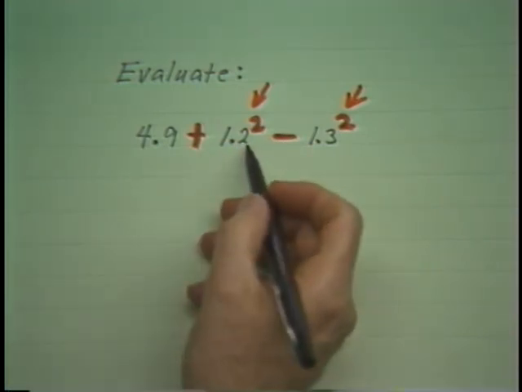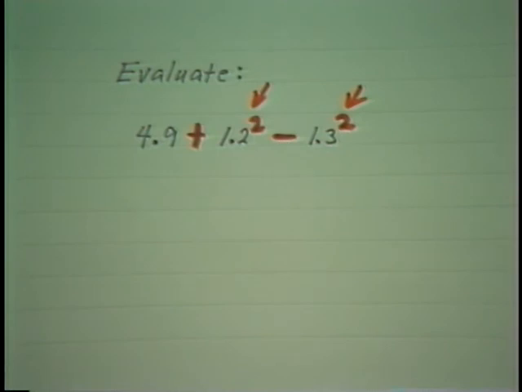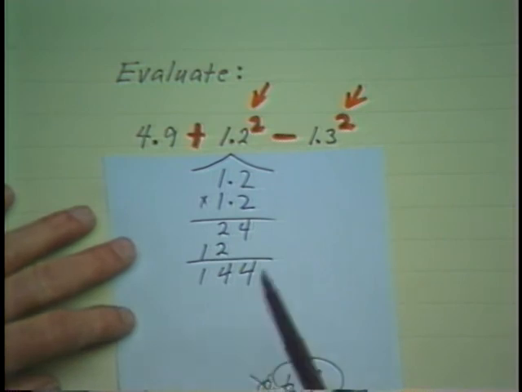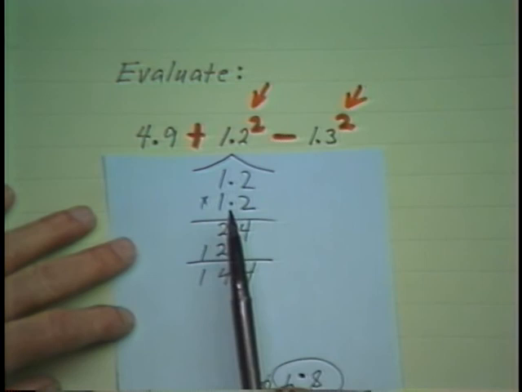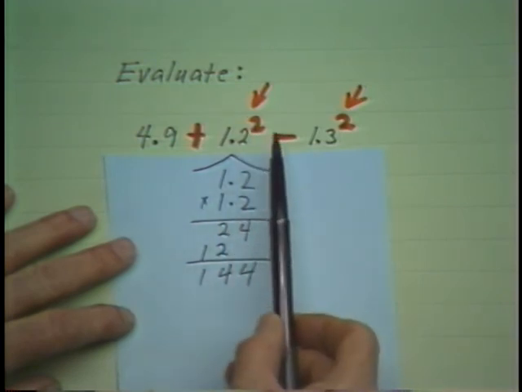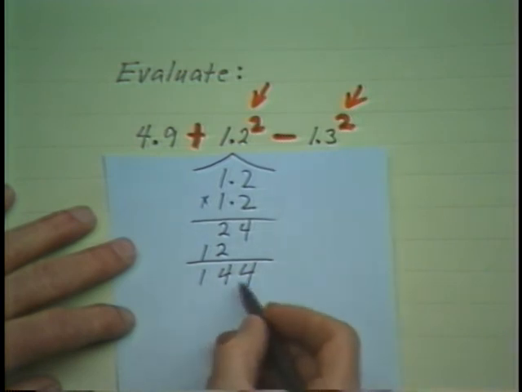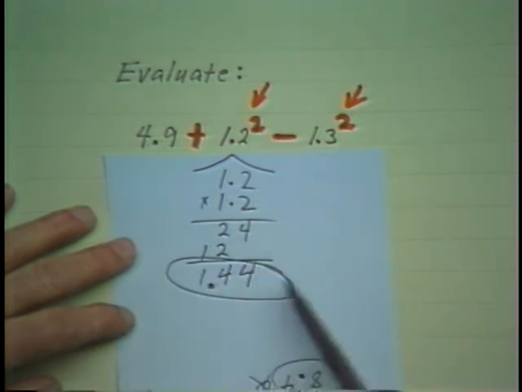So 1.2 squared means 1.2 times 1.2, which gives me 144 without the decimal point. But now don't make the mistake of saying there's only one decimal point. Actually there's 1, 2, because it says there are two numbers with one decimal place. So there's 1, 2 places. So this is the square of 1.2.